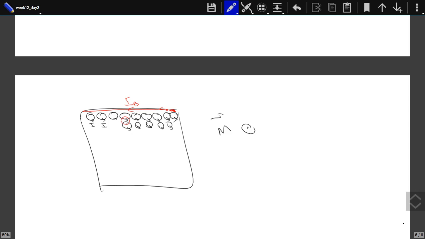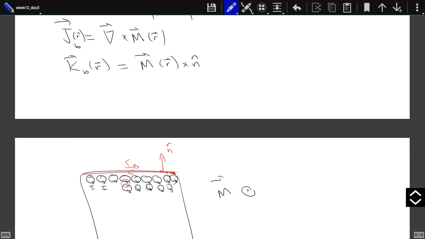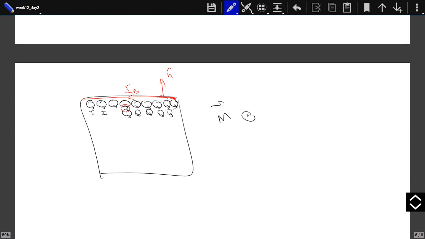Well, M is out of the screen. This is the direction of N. M cross N is in that direction. That's why we have this M cross N over here. So the magnetization basically behaves as if there is a surface current density. And if it is not uniform, there will also be an internal current density.